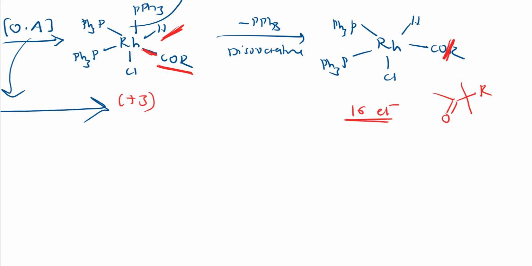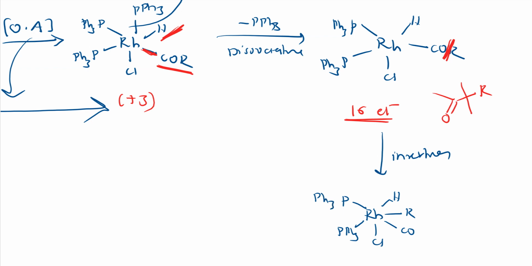This is nothing but insertion. How will it insert? It will insert like this. See here, rhodium is there, with this hydrogen here, R comes here, here CO will be there, and here chlorine, PPh3, and here also PPh3.